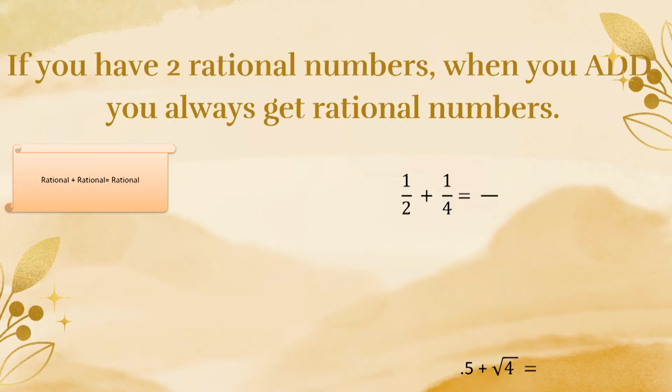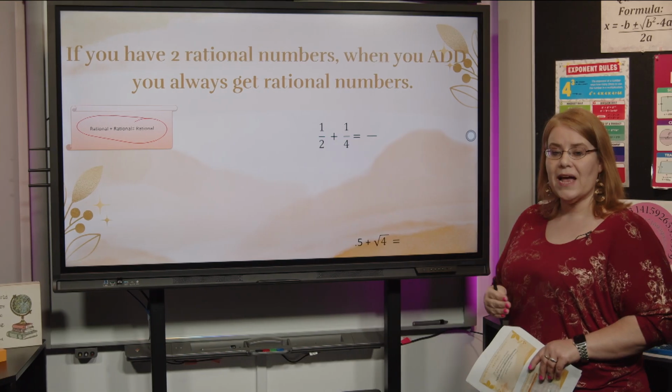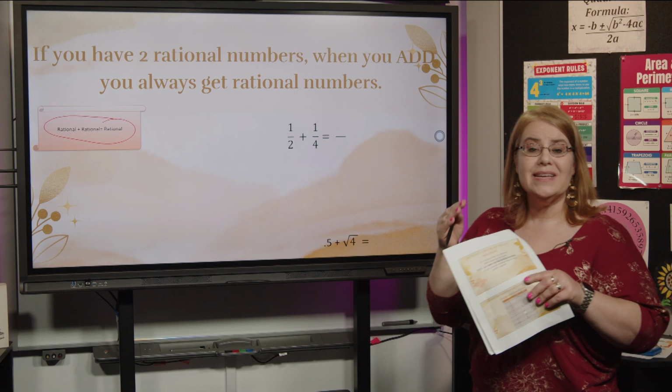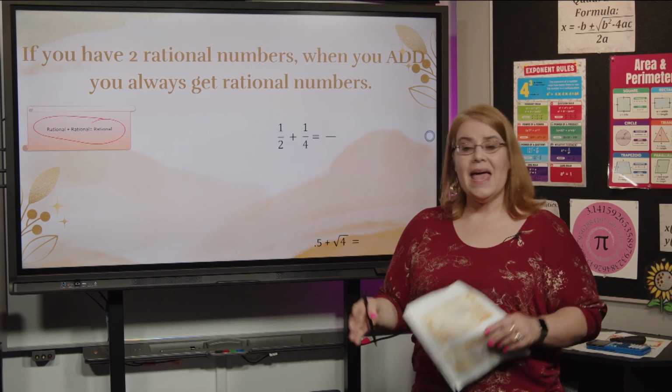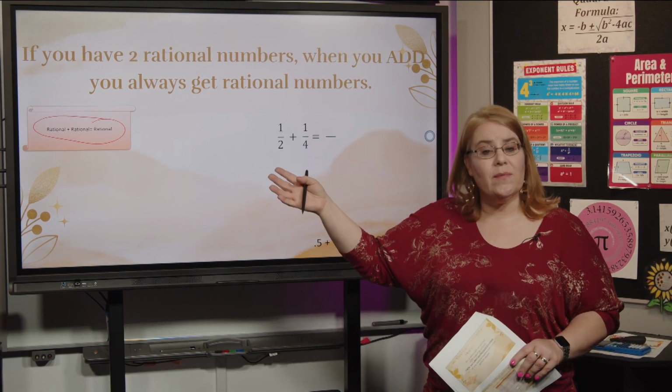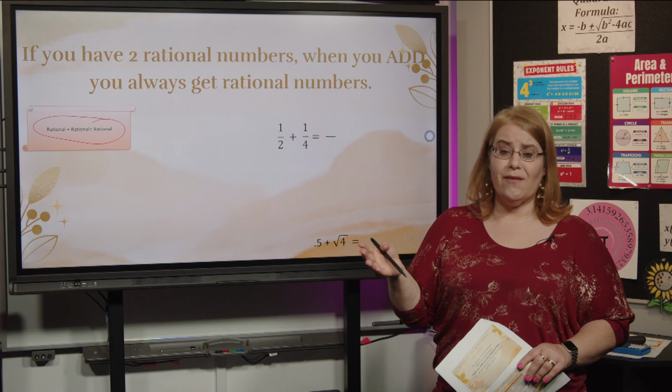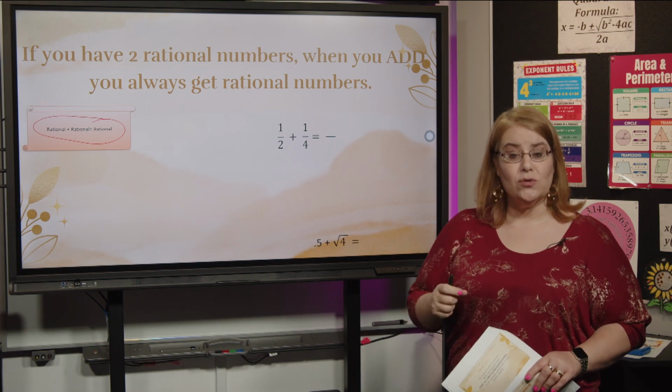If you have 2 rational numbers, when you add, you always get a rational number. Now, this is key important. I mean super, super, super important. Rational plus rational equals rational every single time. Today, tomorrow, 12 years from now on a Thursday at 3:33 in the afternoon, it's still going to be a rational number.